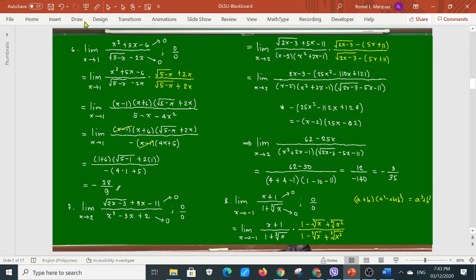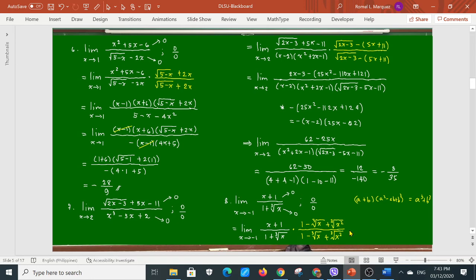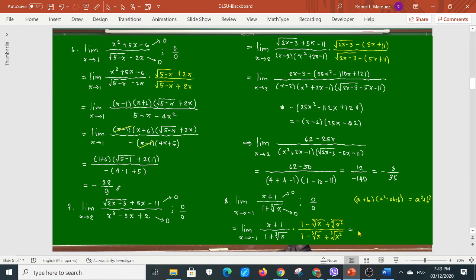What is the product now of the numerator and the denominator? So this is equal to the limit as x approaches negative 1 of, what do you think?